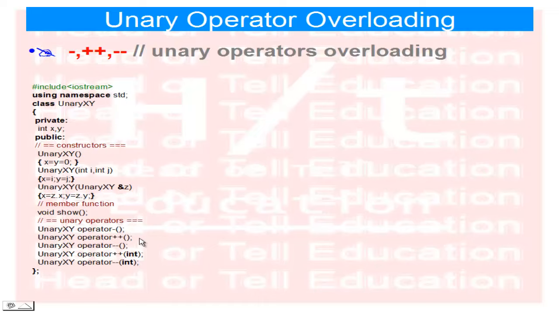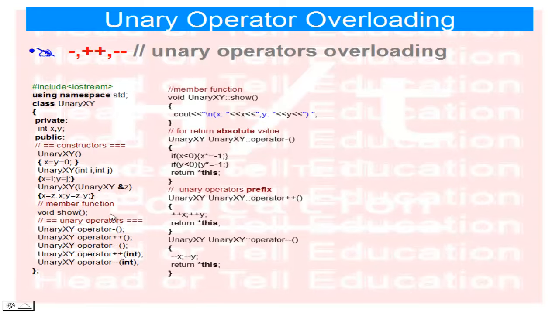All these functions return a value of type unary xy class. So this is the class structure. Now for the show function and these operator functions, we need to create the definitions. So how do we overload these operators?